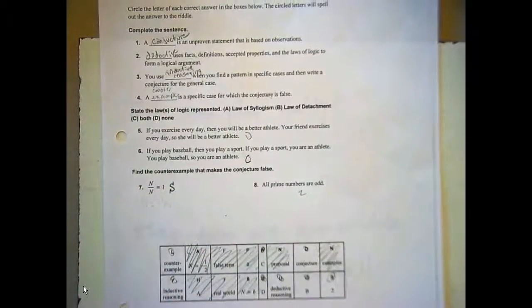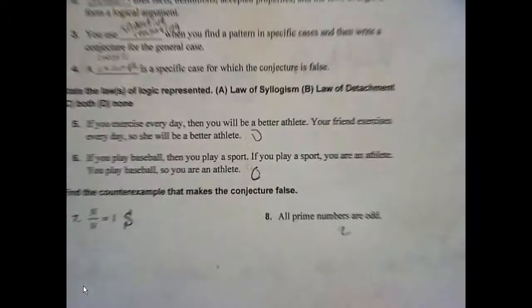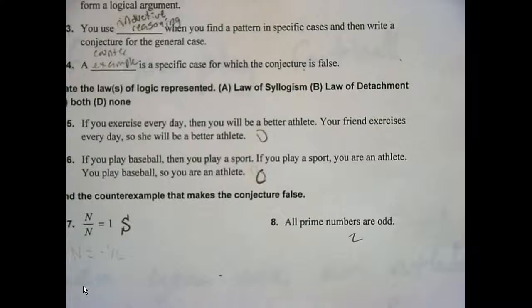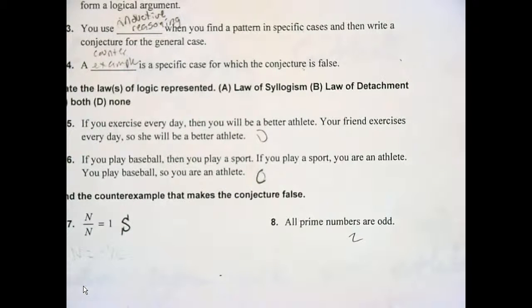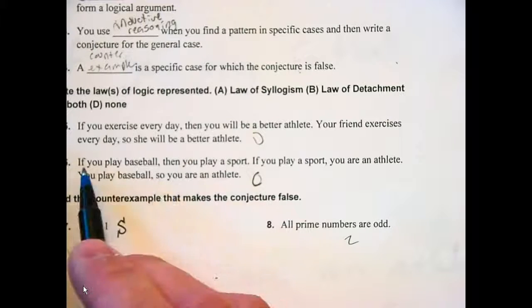If you play baseball, then you play a sport. And if you play a sport, then you are an athlete. So you play baseball, so you are an athlete. That's almost like we had on the video here.